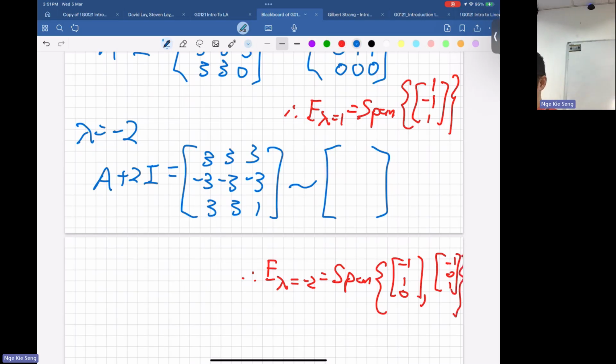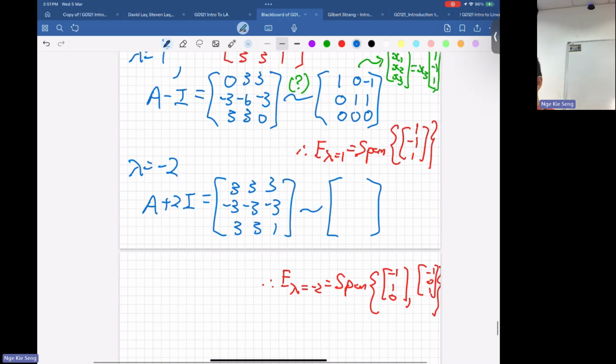So let's guess this form here. There are two variables, right? So it should be like two free variables. So it should be 2, 0 rows. And then how to get this -1 here?